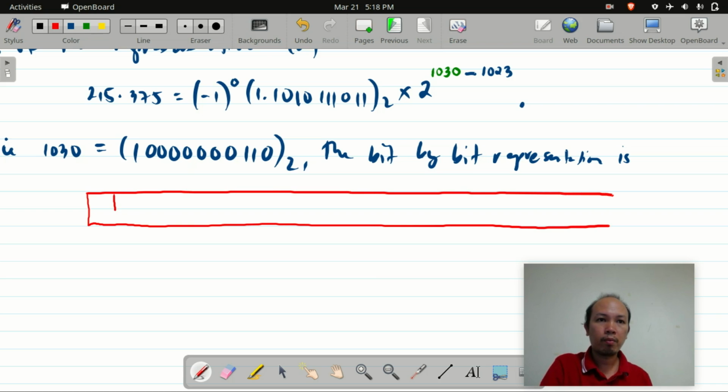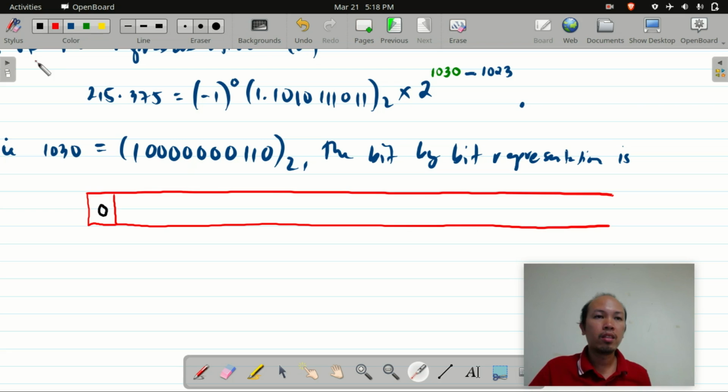Okay, so for the first box we have 0. For the second box is our exponent, 1030.